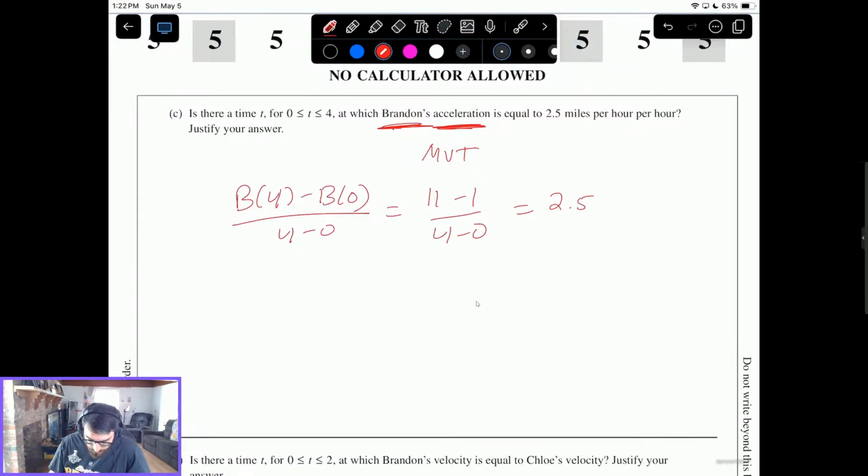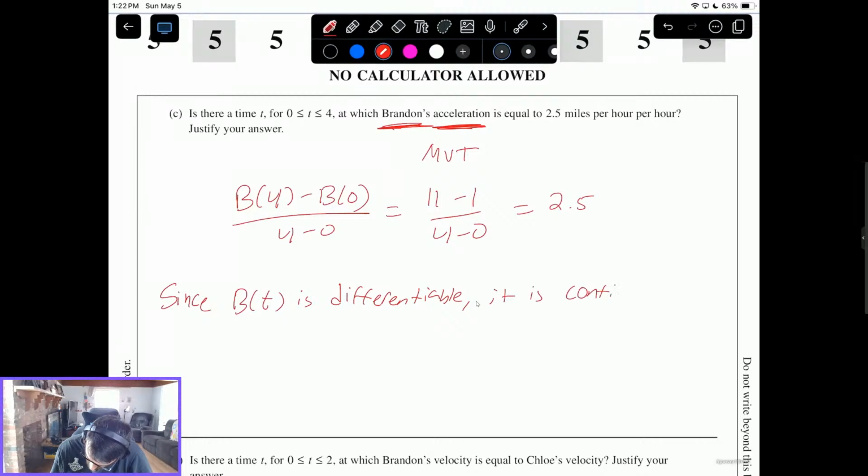Let's go ahead and state, how do I say this? What's the most important thing? The most important thing is that you say this function is continuous. The mean value theorem and the intermediate value theorem mean nothing if the function is not continuous, because you can have a function below, it could just jump right up to be above. It doesn't necessarily have to cross, right? So the first thing we're going to do is say, since b of t is differentiable, it is continuous on 0 to 4.